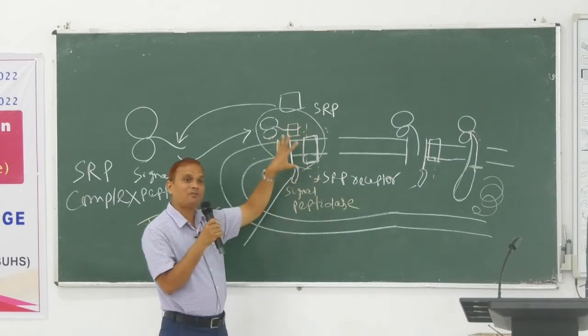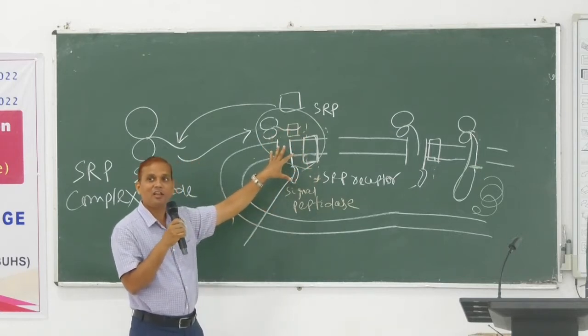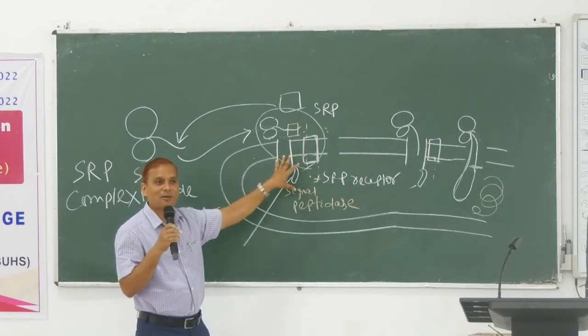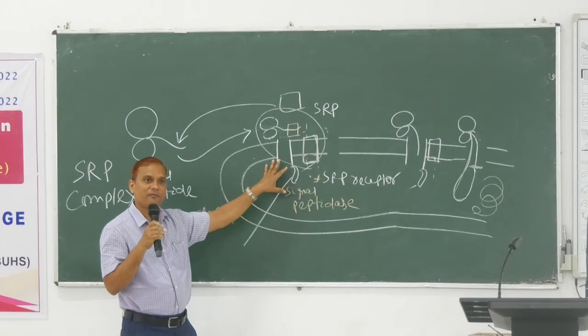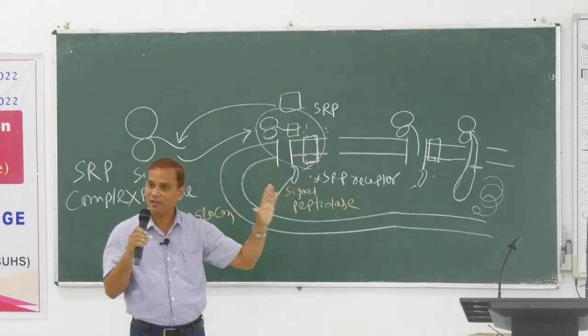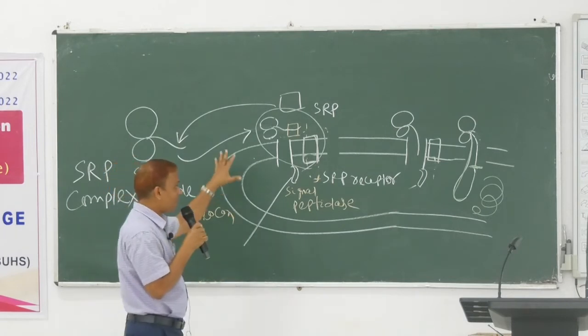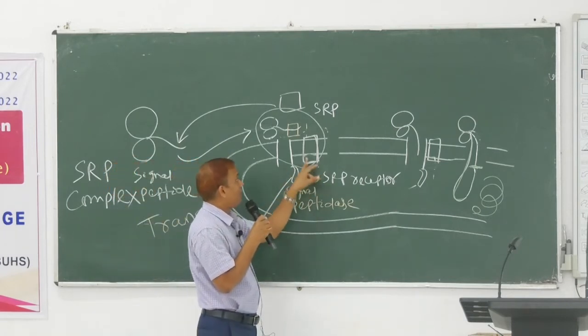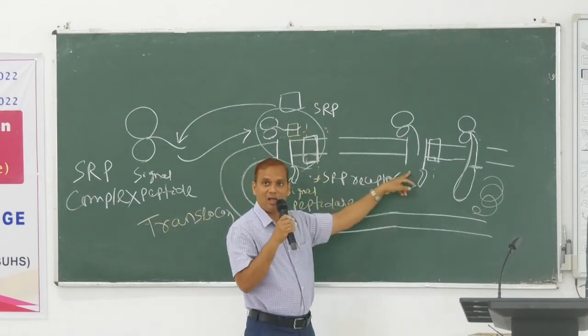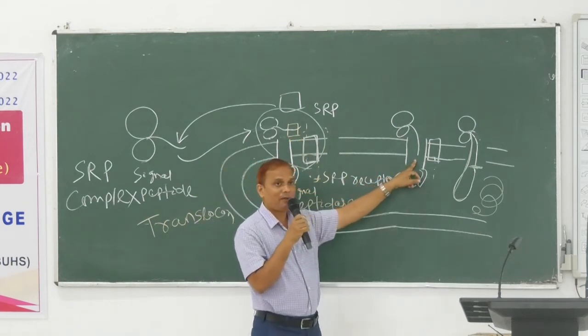After binding, it forms a complex-like structure that is called the SRP complex. Understood? So after this, what will happen? The signal peptide will dock here. After docking here, what will happen?